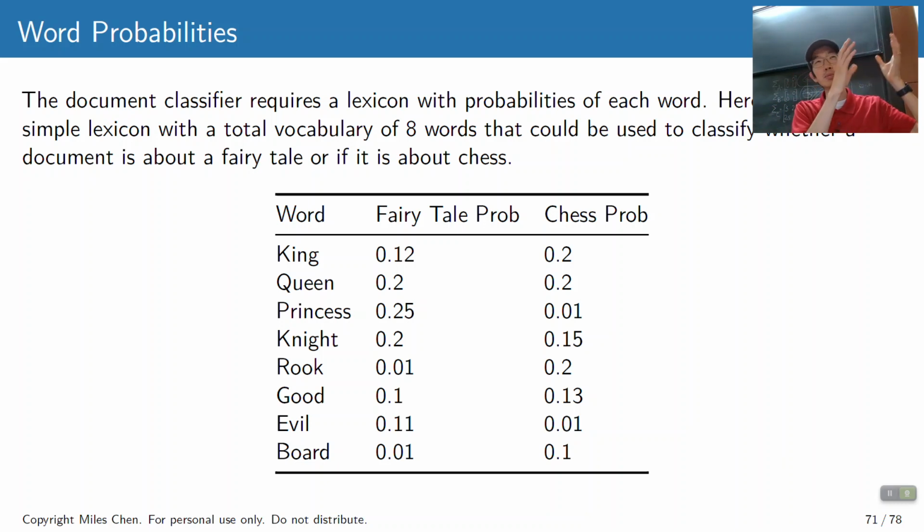I mean, higher probability. And if you're talking about, I don't know, tennis, if you look at the word tennis, probably the words ball, racket, match, set, those are all going to be words that have higher probabilities. And so there's going to be covariance between these words.